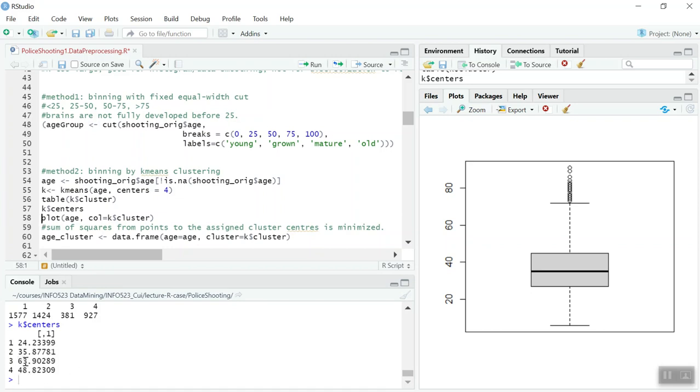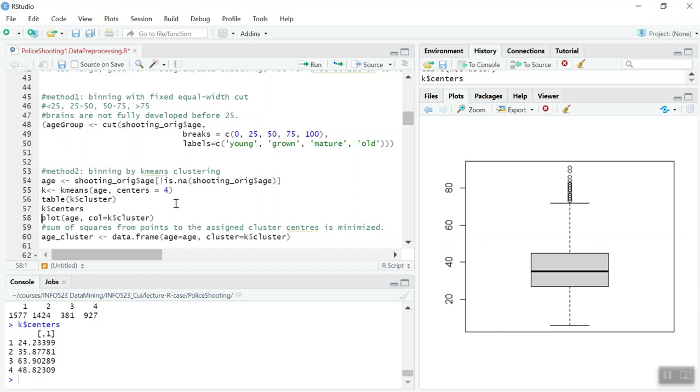So this is compared to what we have. It's close, but not exactly the same. For example, our 50 year group probably is being split between 35 and 48, right?